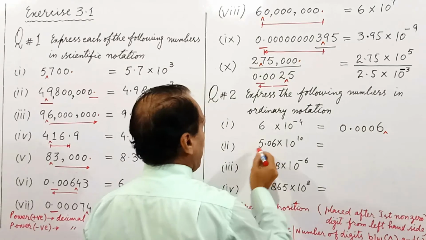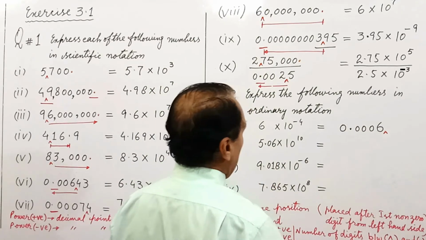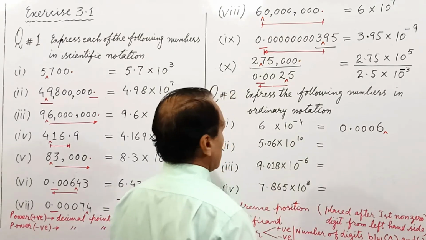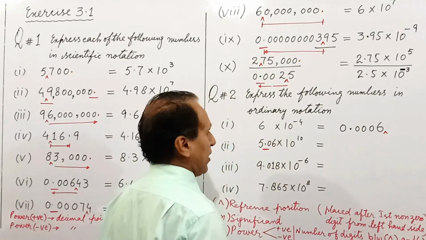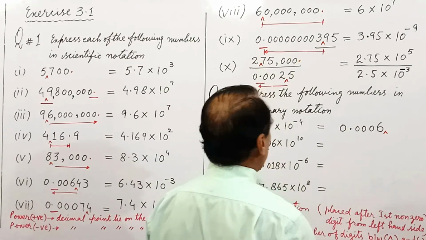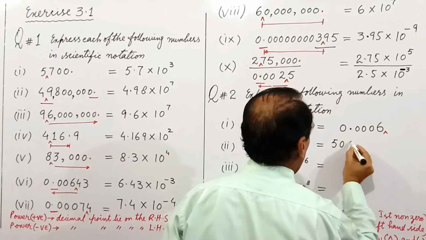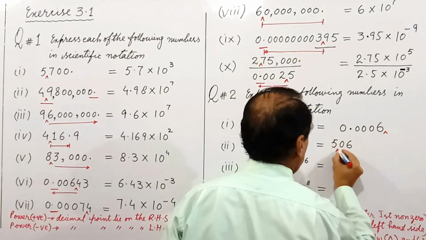Now we move to part 2. In part 2, we have a positive power, so we write from the equal sign. The significand, we remove this decimal point and we write 506, and in place of the decimal point, we write the reference position.